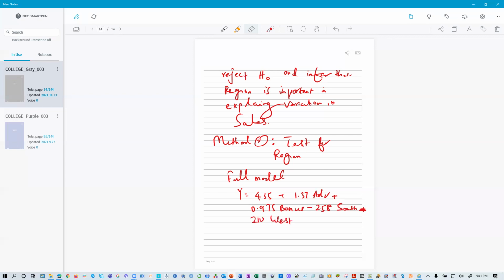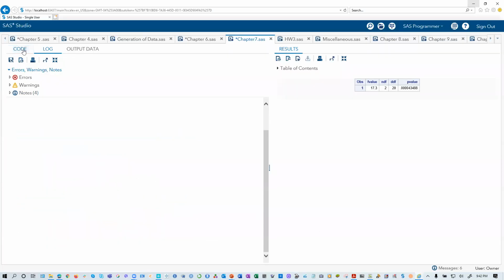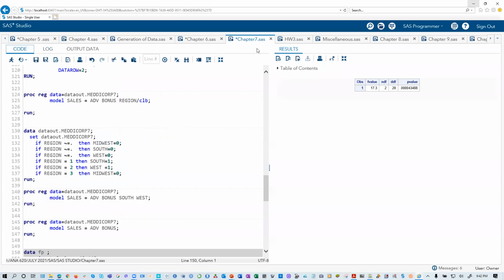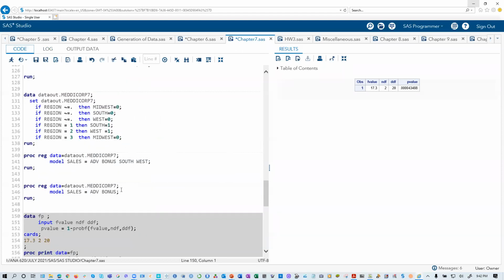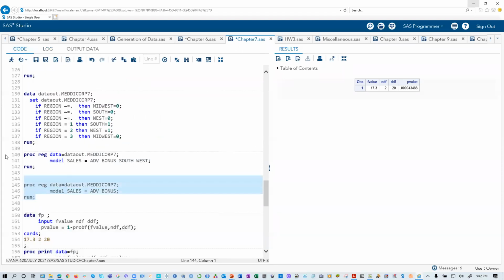Then the reduced model, which we saw when we ran it here. If you want, you can write it down.